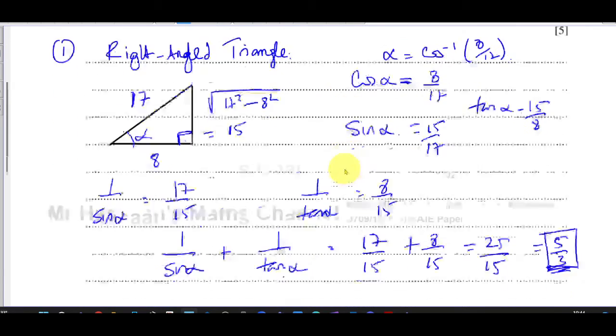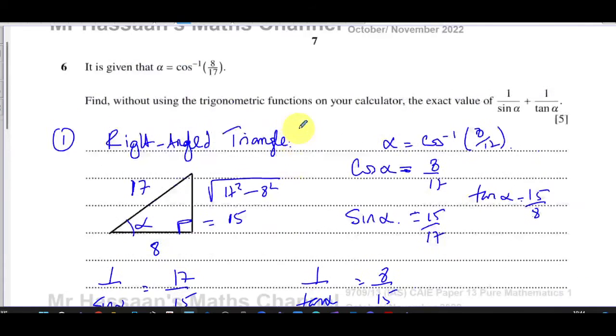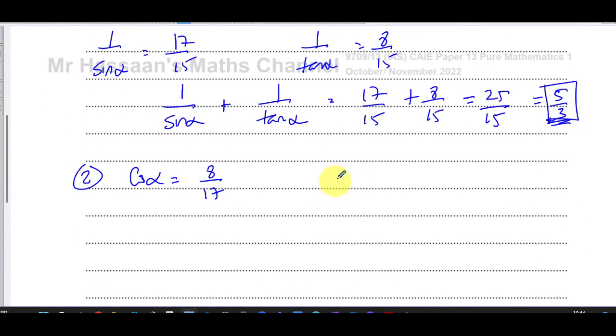We could also use identities. Cosine of alpha, as we discussed, is 8 over 17. I know there's an identity which links sine and cosine together, which is sine squared alpha plus cosine squared alpha equals 1.